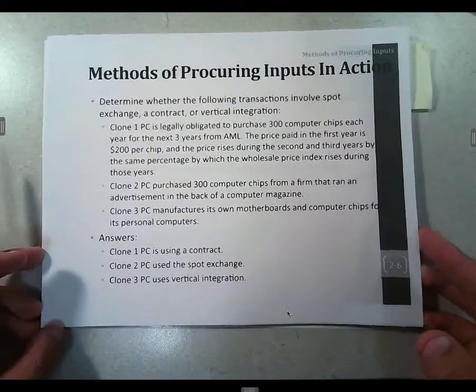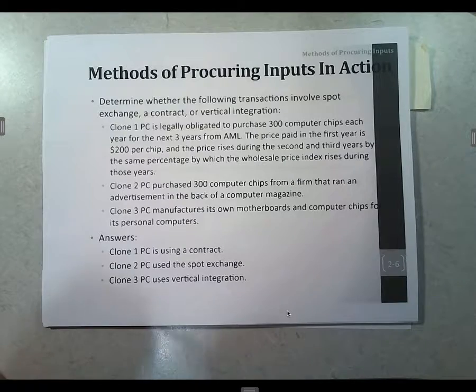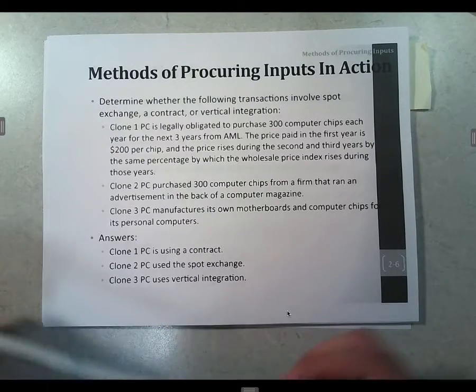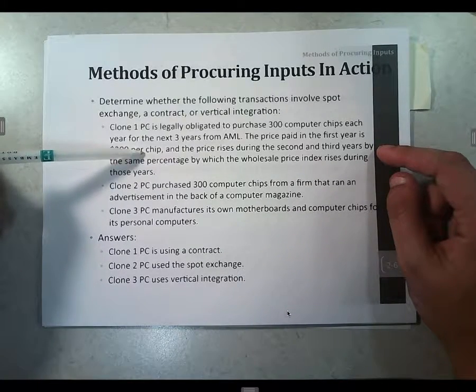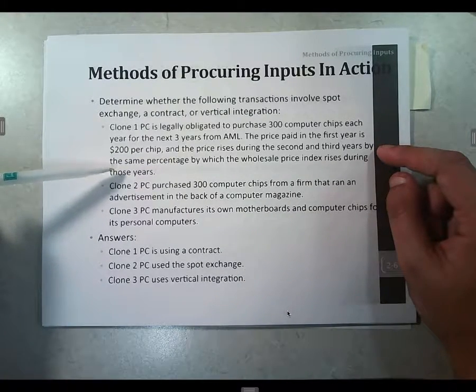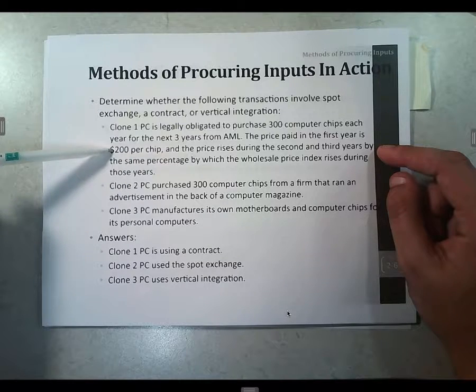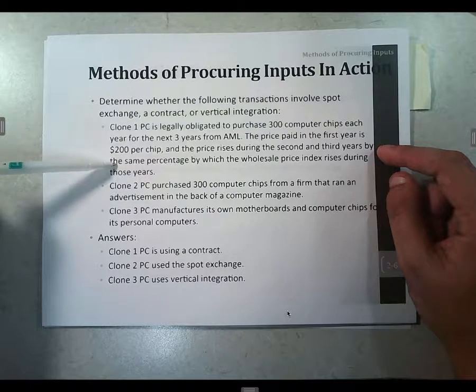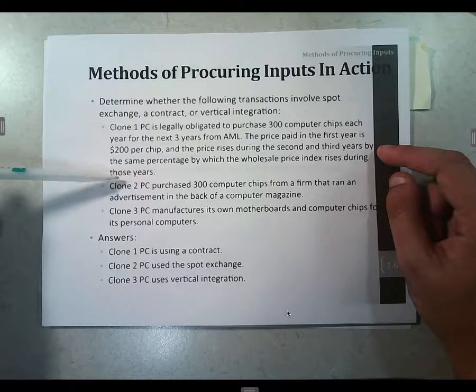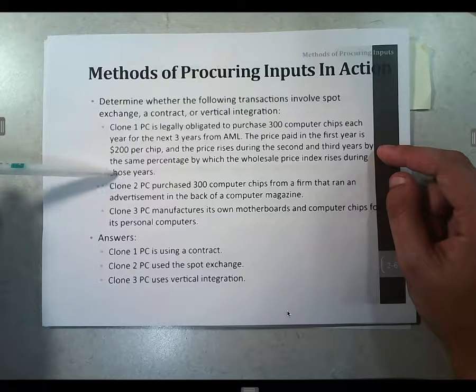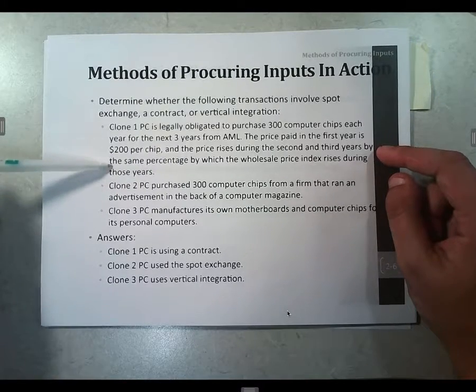Okay, so the kind of example here then is you could read each of these and it should be pretty obvious which one is which, right? Here's my legal obligation, my contract market, where I'm saying I am going to pay a certain price each year for the next 3 years. I'm going to buy a certain amount. I'm going to pay a certain price. The price is going to go up by a certain amount. Buyer and seller know each other very well and have agreed to these terms jointly.